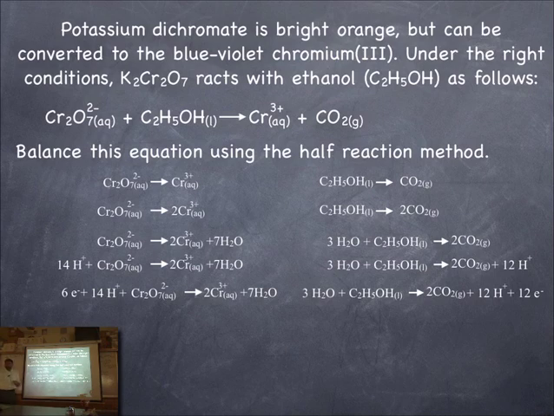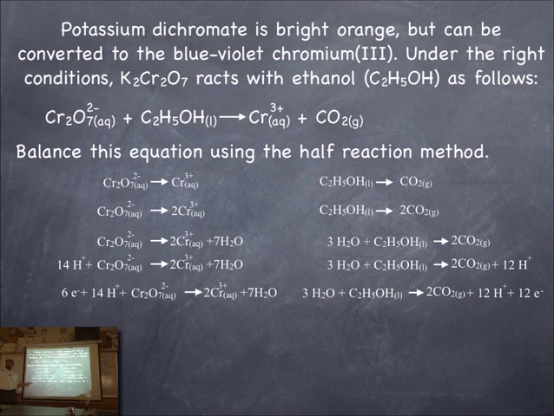What's the charge on the two Cr? So Cr3 plus times 2, plus 6 all together. Multiply this one by 2. Why would we do that?